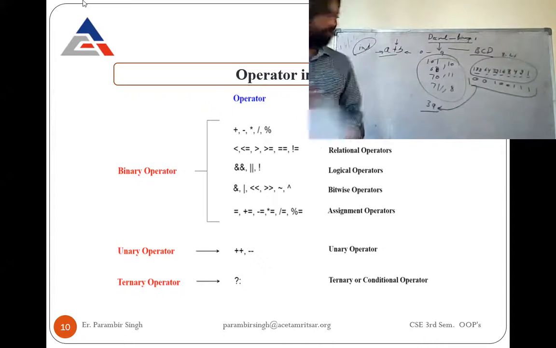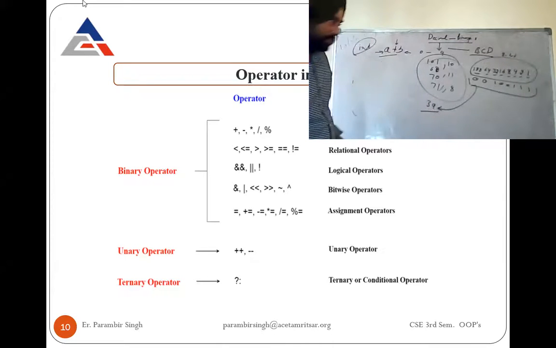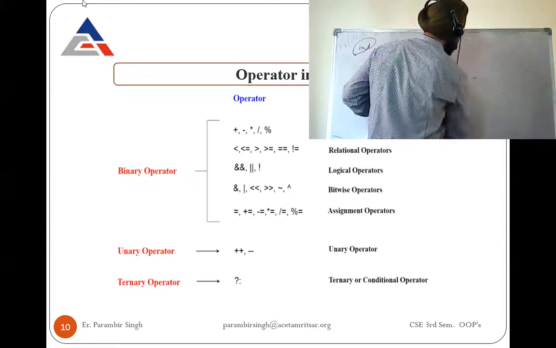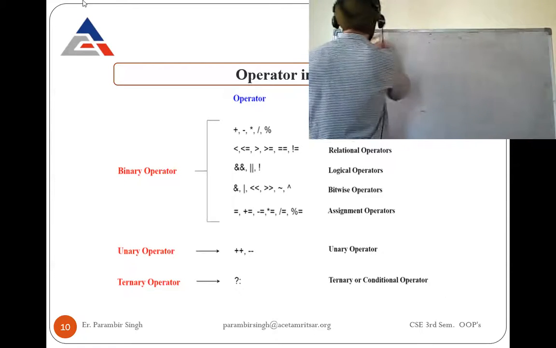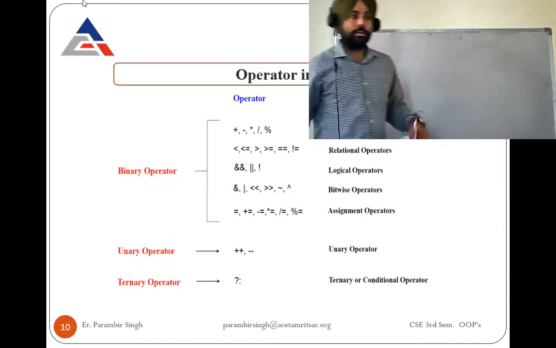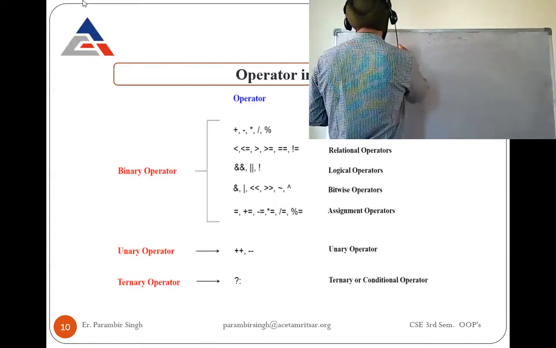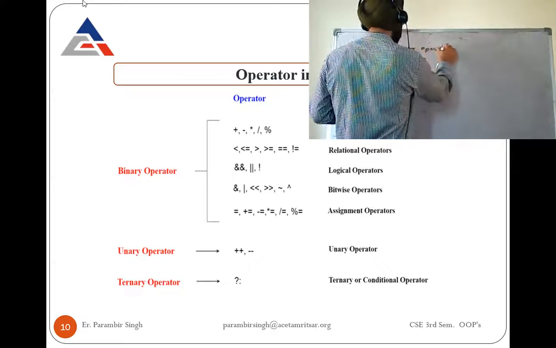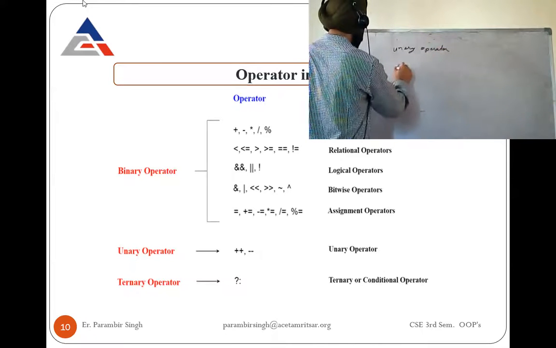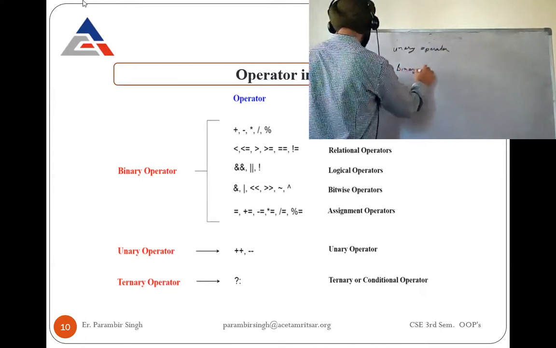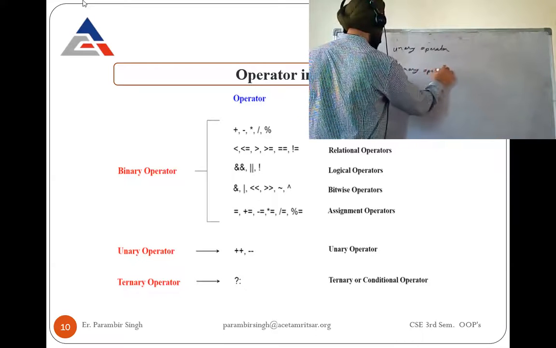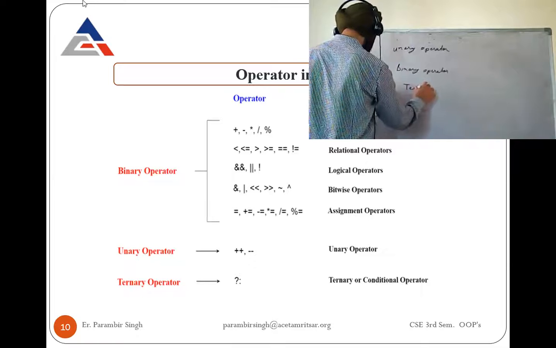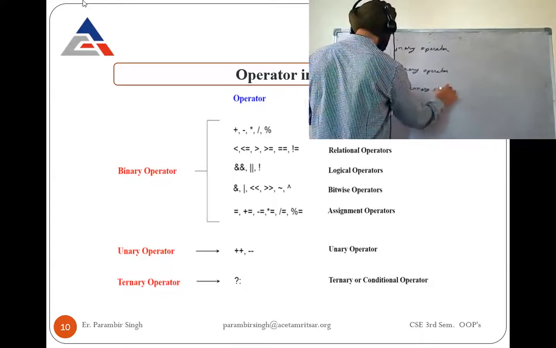One is the unary operator, second is the binary operator, and third is the ternary operator.